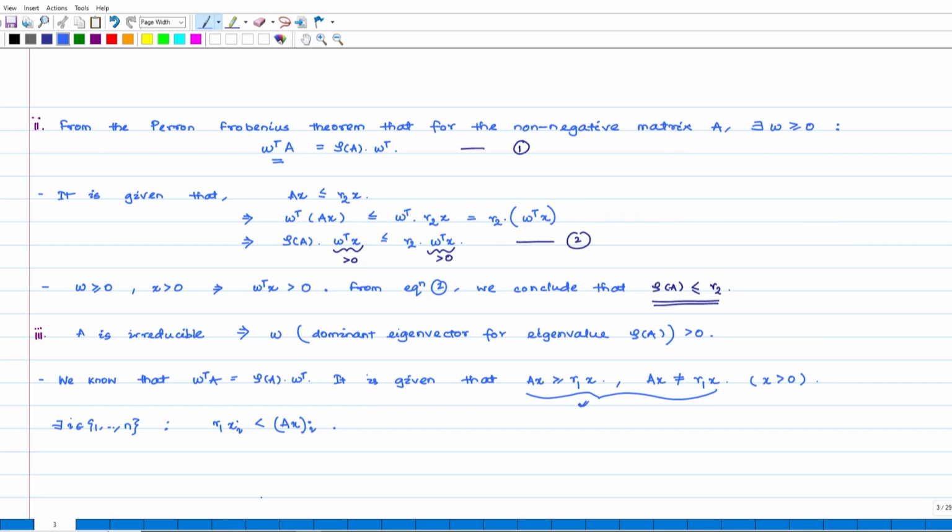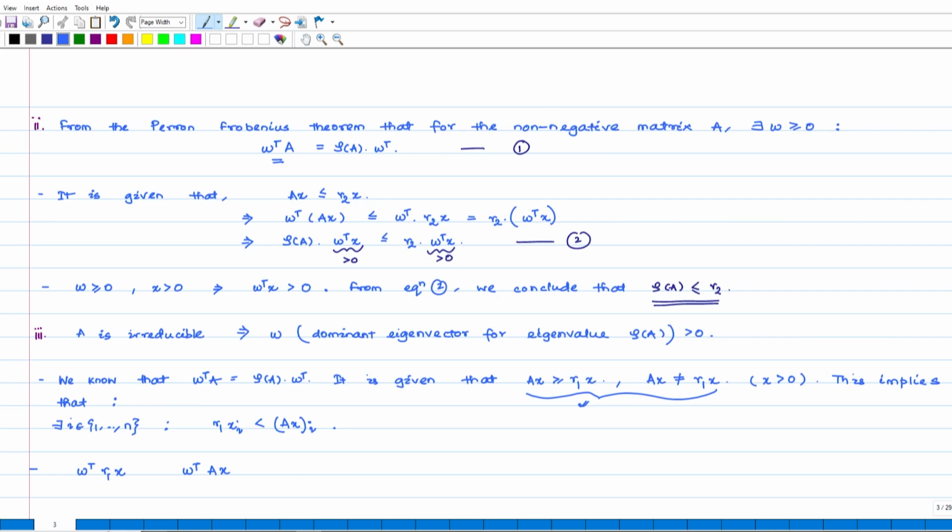Owing to this, when we left multiply w transpose on both sides, what will we get? This implies that w transpose R1x and w transpose Ax.